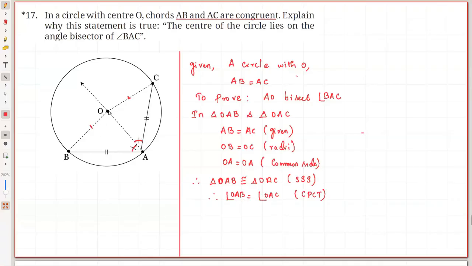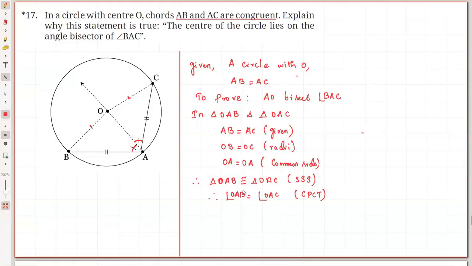If these two angles are equal, I can say OA bisects the angle BAC. Bisect means dividing into two equal angles. For example, if the total is 100 and we have proven these two are equal, this should be 50 and this should be 50. That is a bisector we have proven.